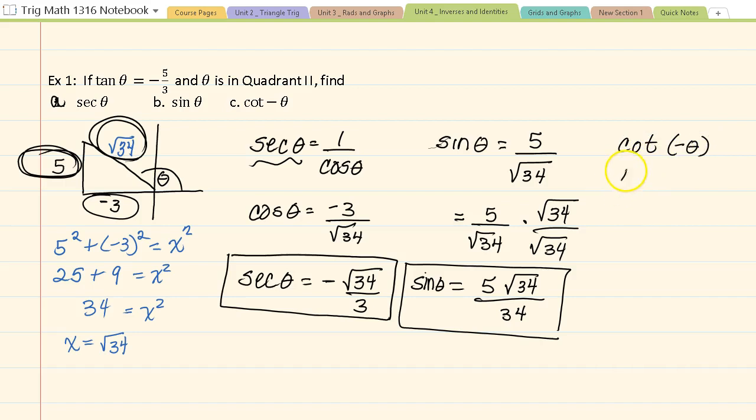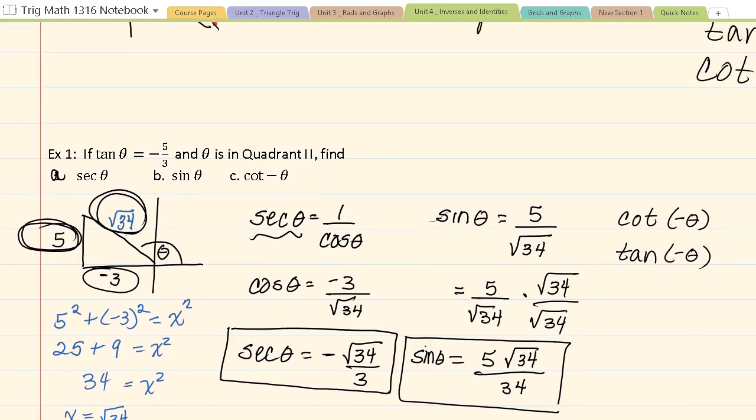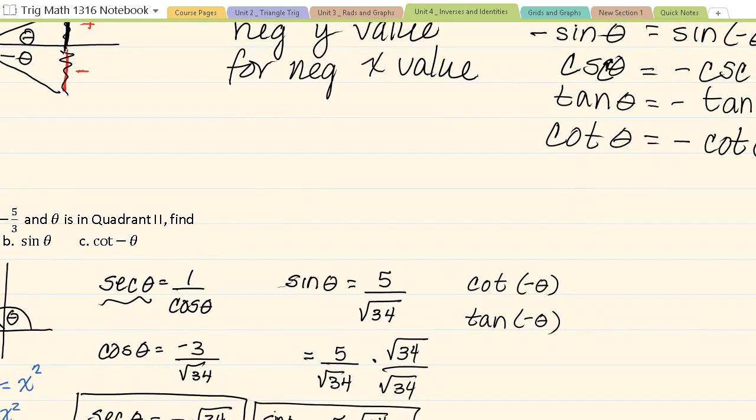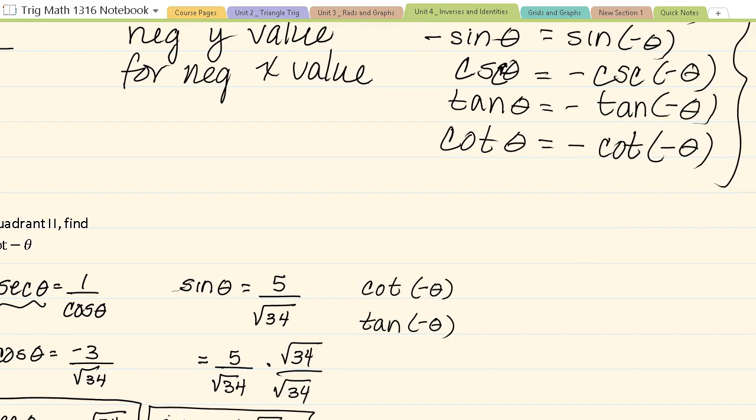So let's go find tangent of negative theta. Well, what we found out up here when we were talking about even and odd functions is that tangent of negative theta equals negative tangent of theta.